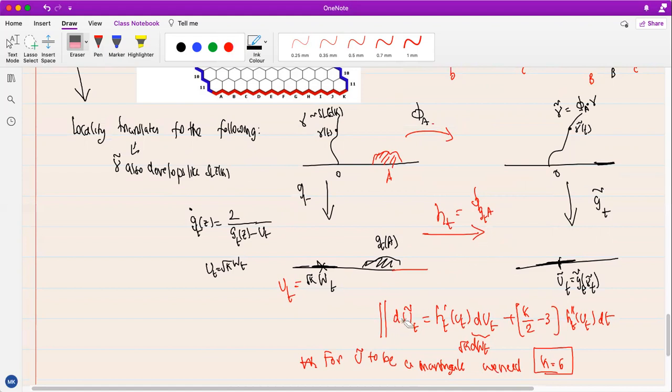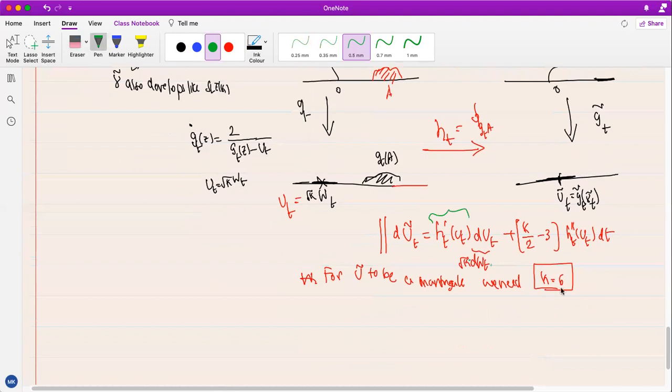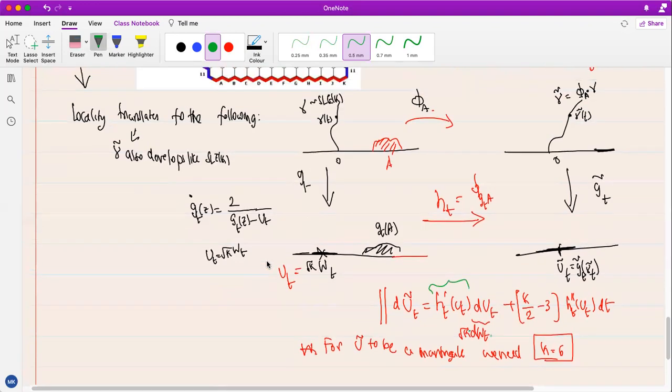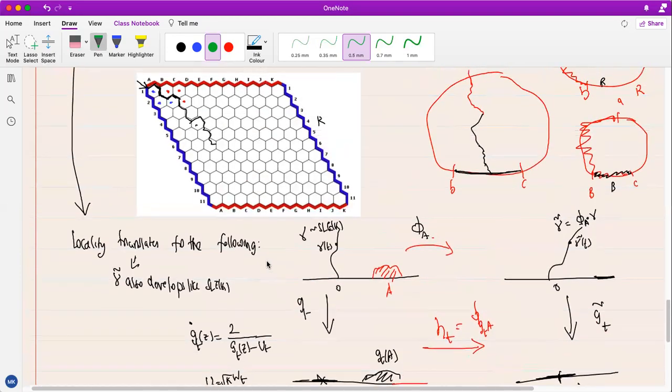So we don't expect U tilde to come out as square root kappa W t. We have this extra term which leads to a time change, this h t dash of U t. Otherwise, when this vanishes, it would be Brownian motion scaled by square root kappa. But that time change is involved, which we would expect anyway. So it is a time change of scaled Brownian motion if and only if kappa equals 6. With a drift, it will be something else. So this is the way SLE 6 comes out.